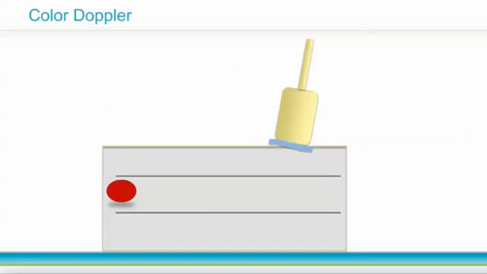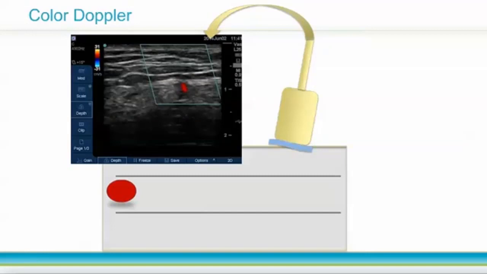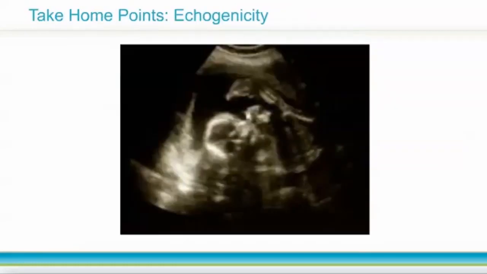If the blood is coming toward the transducer, those signals will return at an increasing frequency. The ultrasound machine interprets that frequency variation and applies color to the ultrasound screen to illustrate the movement. Note that the precise color is a function of the direction of blood flow, not an indication of arterial versus venous flow.